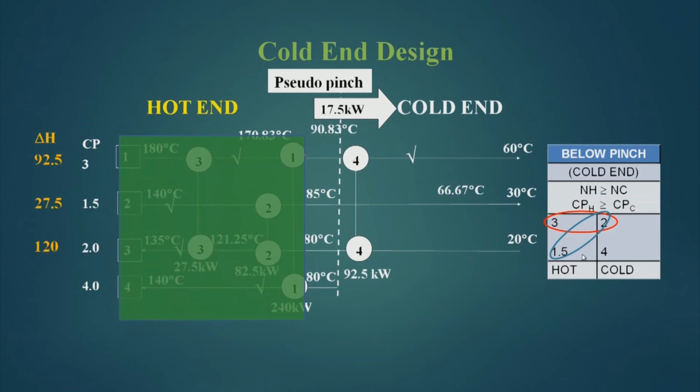Why? Because now this stream has got a delta H of 92.5 kilowatt, including this 17.5 kilowatt. So, this is 92.5 kilowatt. So, this is ticked off, and this you can calculate.